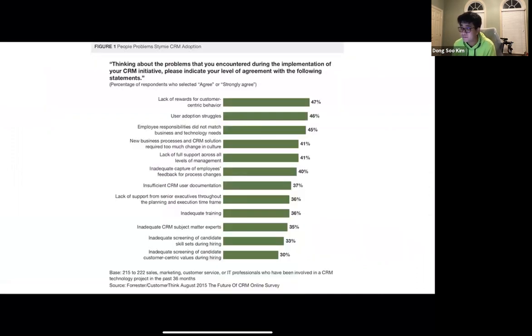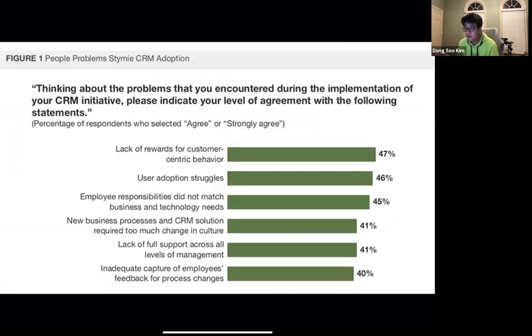There is another example. This is the result of a survey. In this survey, top managers were asked to report the problems that they encountered during the implementation of CRM initiatives. Let me zoom in on the figure. About half of managers pointed out that there is a lack of rewards for customer-centric actions, employees are struggling with adoption, and employee responsibilities did not match the business and technology needs.